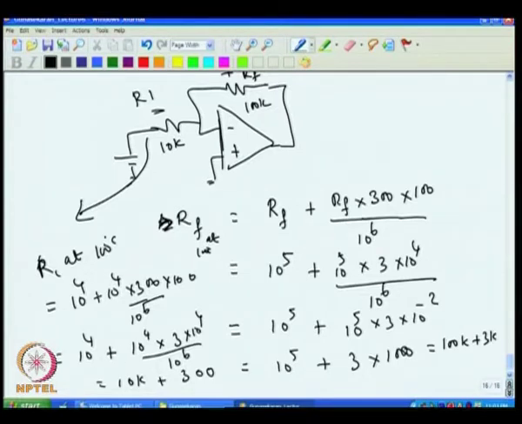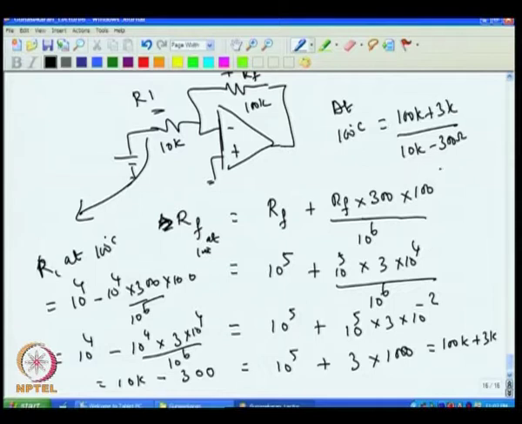If it is decreasing, then I should take it as minus. I am taking this as decreasing with temperature, so I am putting a minus sign. So, eventually it now turns out at 100 degree C, RF had become 100 K plus 3 K and R1 had become 10 K minus 300 ohms.